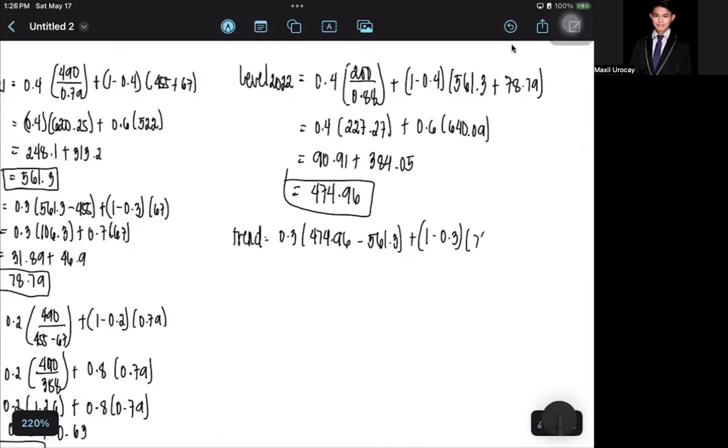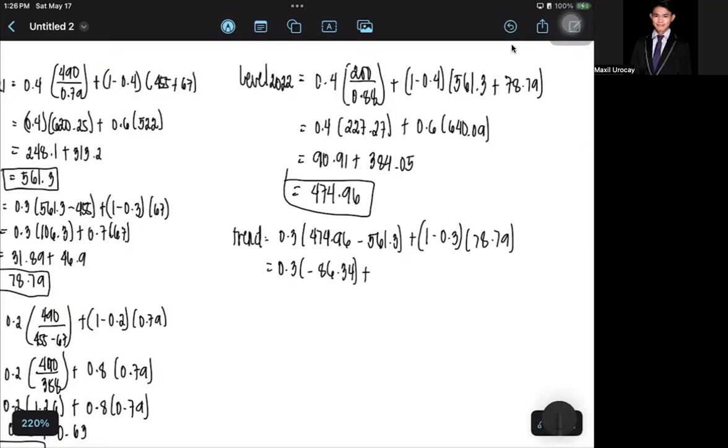The previous trend that you do have is 78.79. So what will happen for this right now? 0.3, then 474.96 minus 561.3. That equates to negative 86.34.